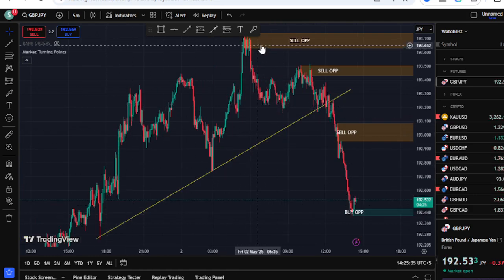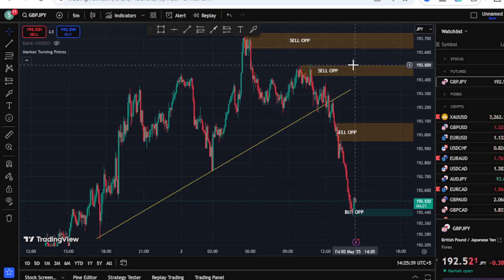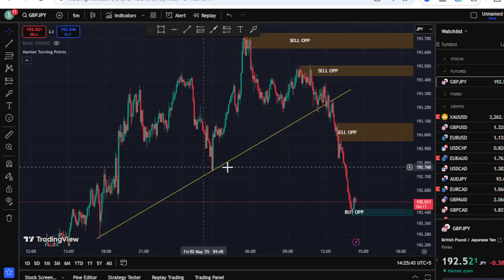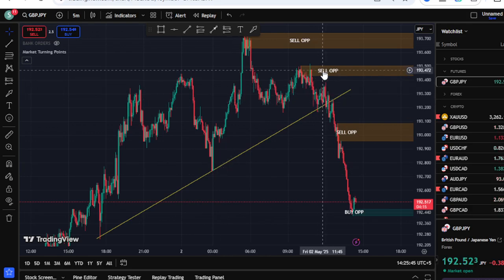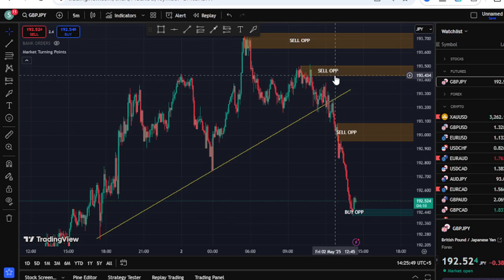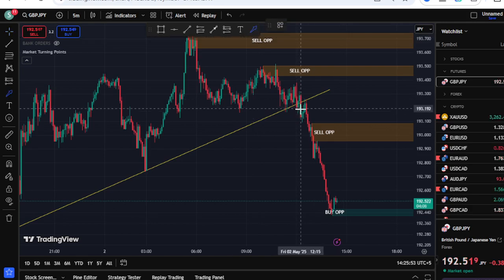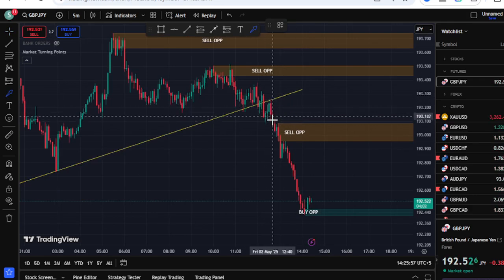First of all, it has provided me a selling opportunity from the top. Let's say I'm not selling from here. Now just look at this. The two touches were already available, and on the third touch, let's say I have the sell opportunity level here, but still I have not picked my trade. So just look at the intelligence of this indicator after confirming that the trend line breakout has been done, and you can see again we have the rejection.